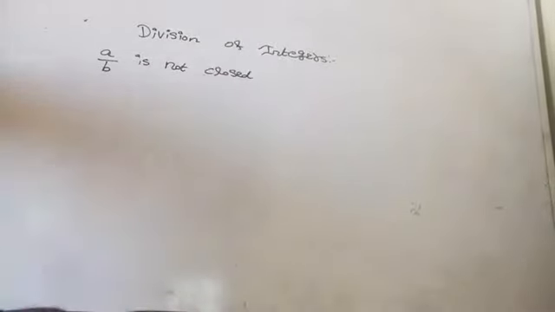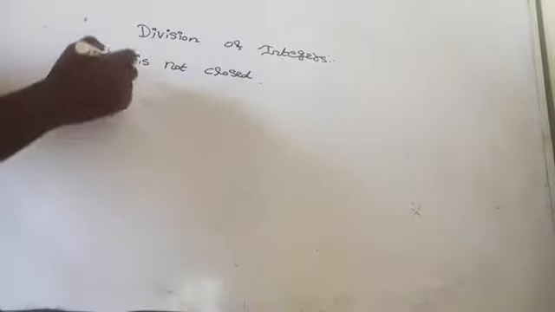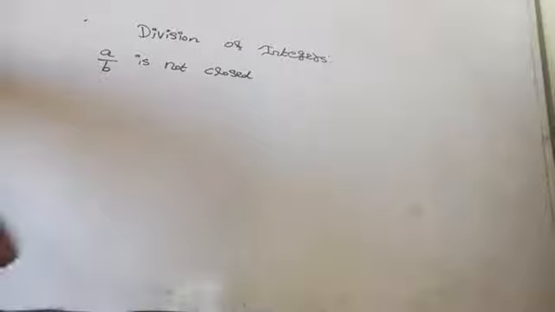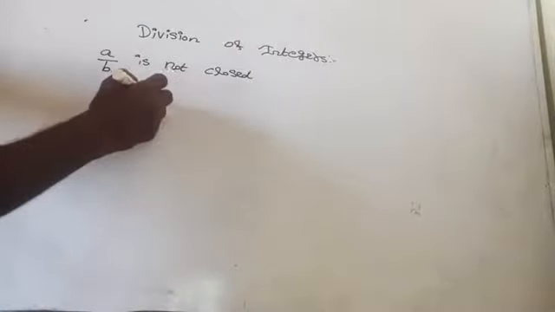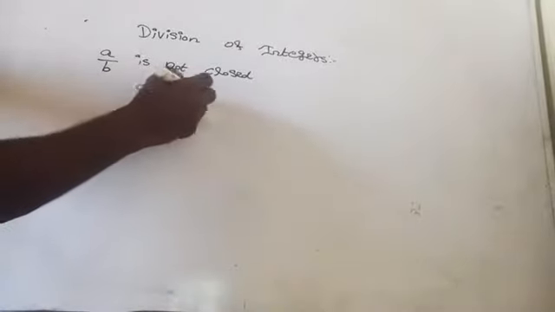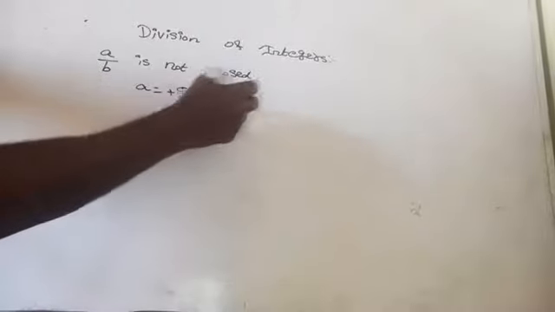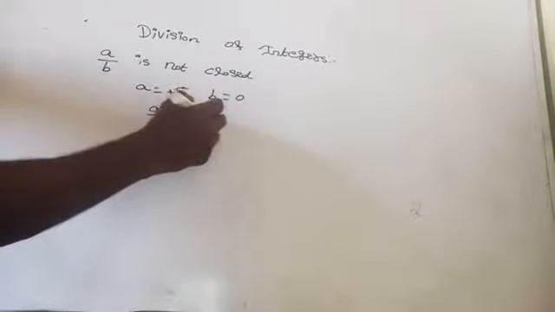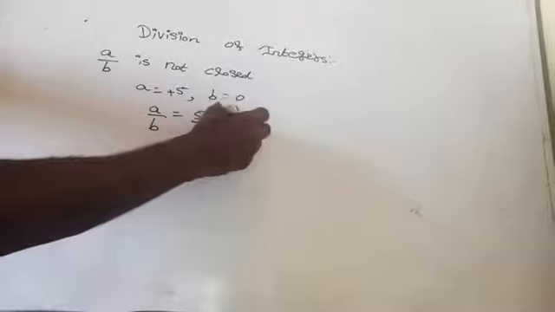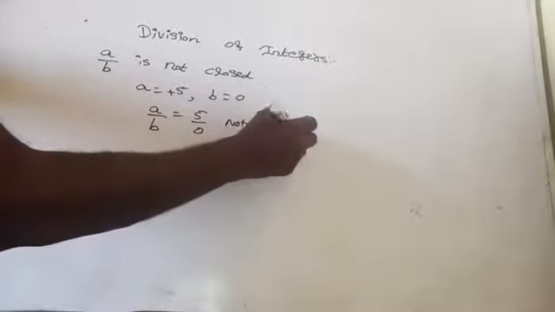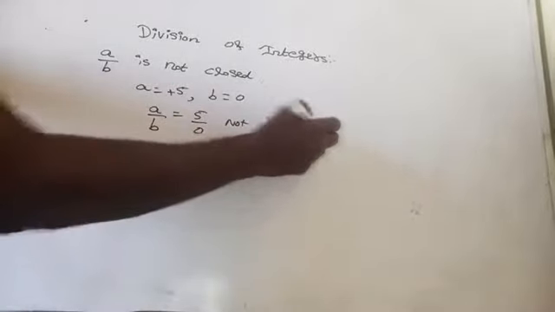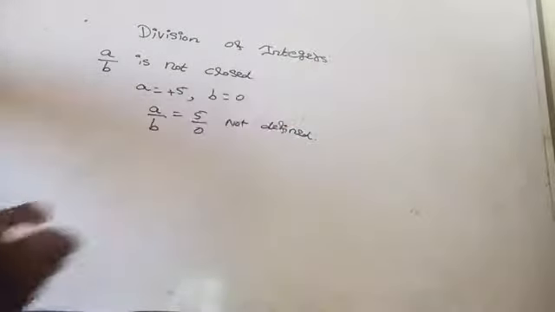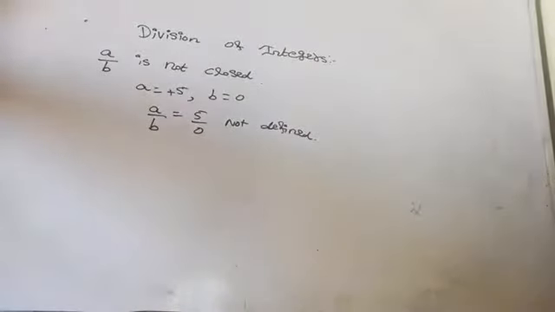Integers are not closed under division, because if you take a as an integer and b is 0, suppose a is minus 5 or plus 5, b is 0, then a divided by b is nothing but 5 by 0. Anything by 0 is not defined. So integers are not closed under division.